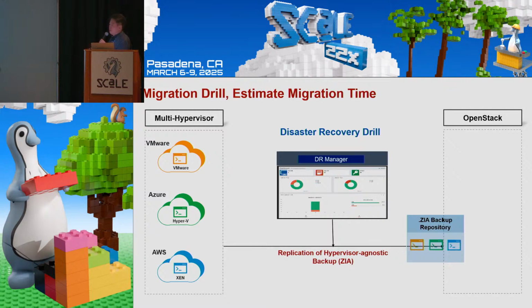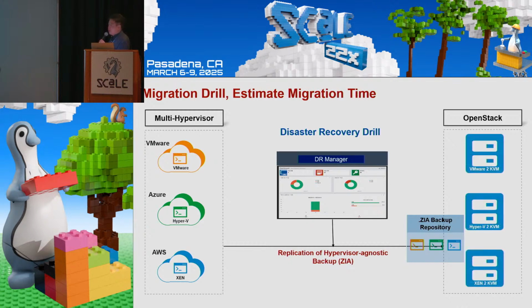The second step is to recover to OpenStack virtual machine. Once this recovery process is completed, the services on the left side and the right side are identical. This is a DR drill, and also this is a migration drill.